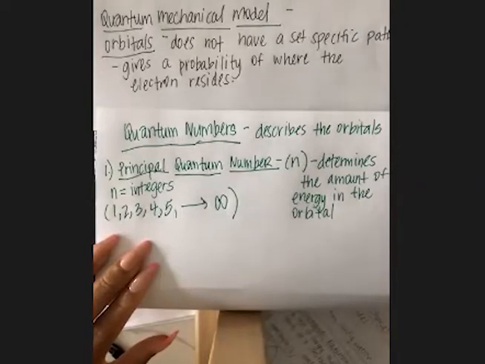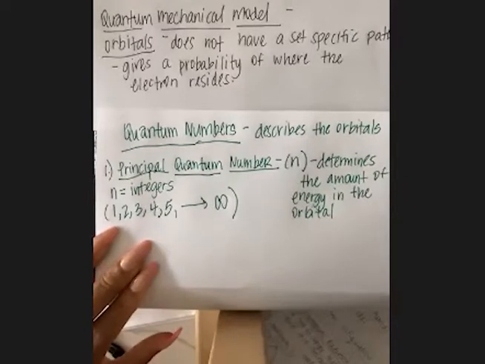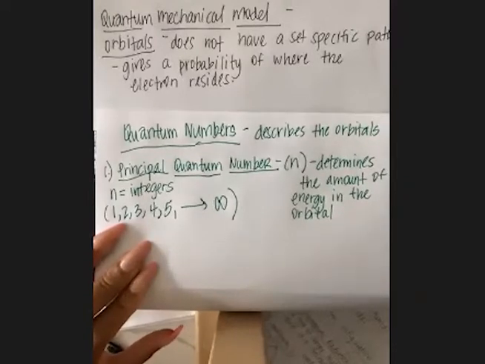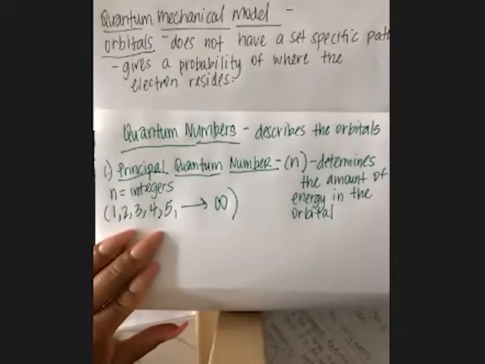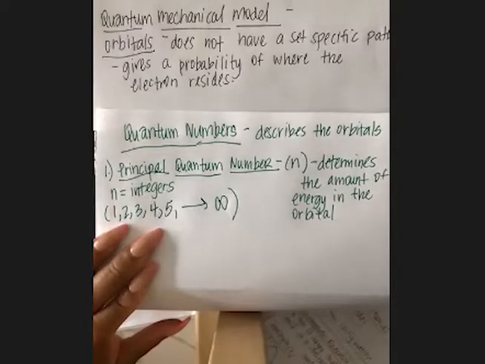So if my principal quantum number is 1, that means I'm smaller than 2. 2 means I'm smaller than 3. 3 means I'm smaller than 4. 4 means I'm smaller than 5, so on and so forth, which also in turn means that I have less energy. So electrons in energy level 1 have less energy than those in energy level 2, energy level 3, energy level 4, and 5.